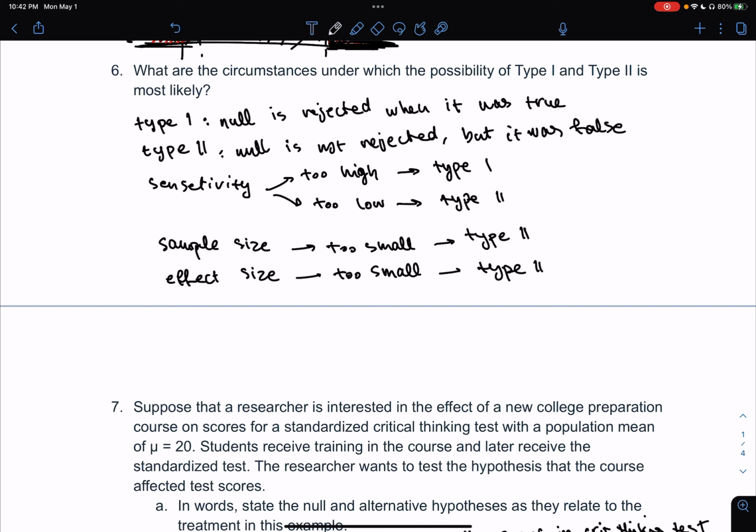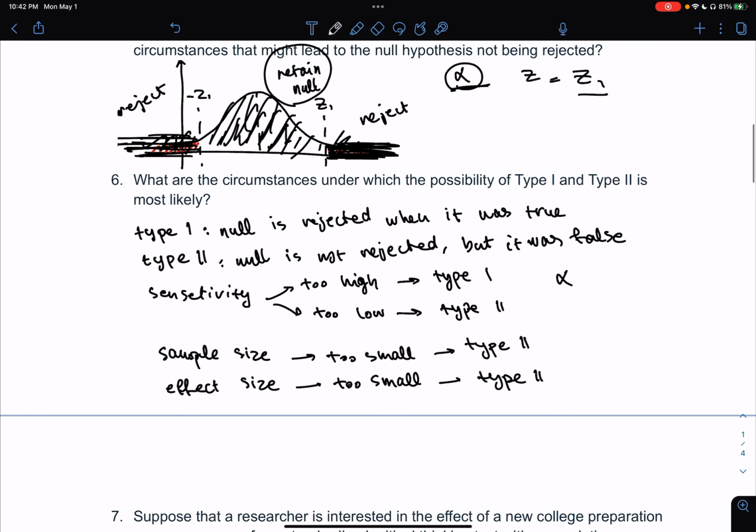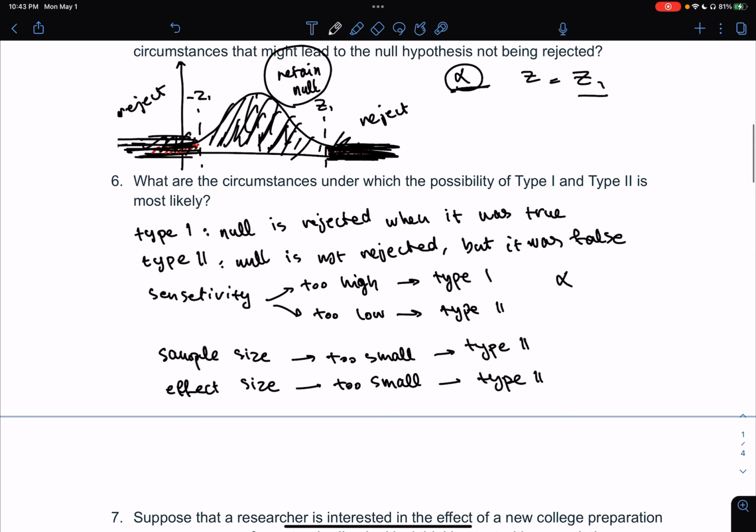One of the main factors that can influence type 1 and type 2 error is the sensitivity, or the alpha level. If this alpha level is too high, it means that this bound that I was talking about gets closer to the center, from both sides.